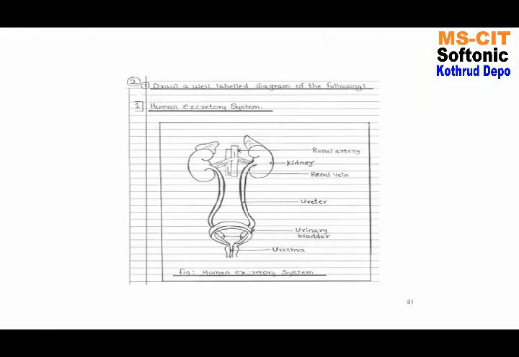If some labeling is on the other side, there is no problem. Use a proper dark pencil. See, a proper box is there, and under that box the figure is drawn.